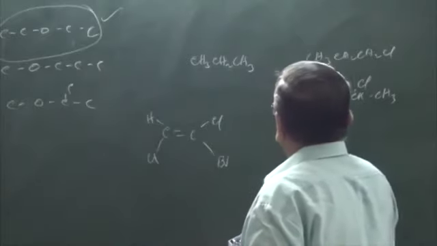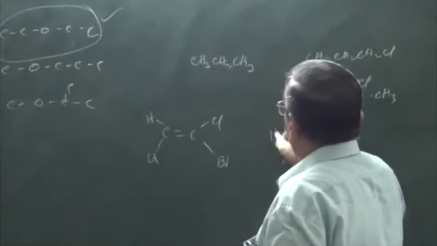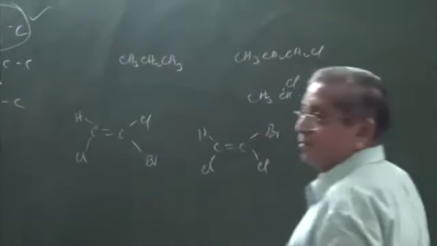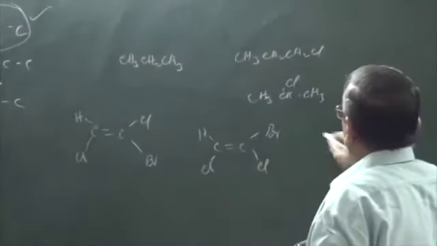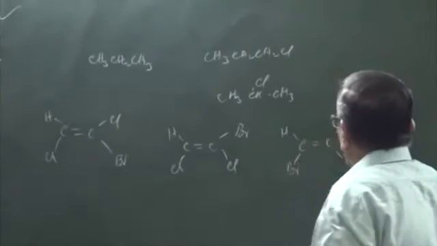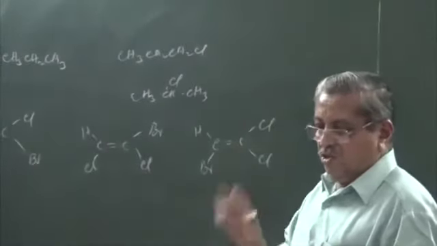Then C double bond C, H, Cl, Br, Cl, C double bond C. This H, Br, Cl, Cl. Only 3. Answer 3.